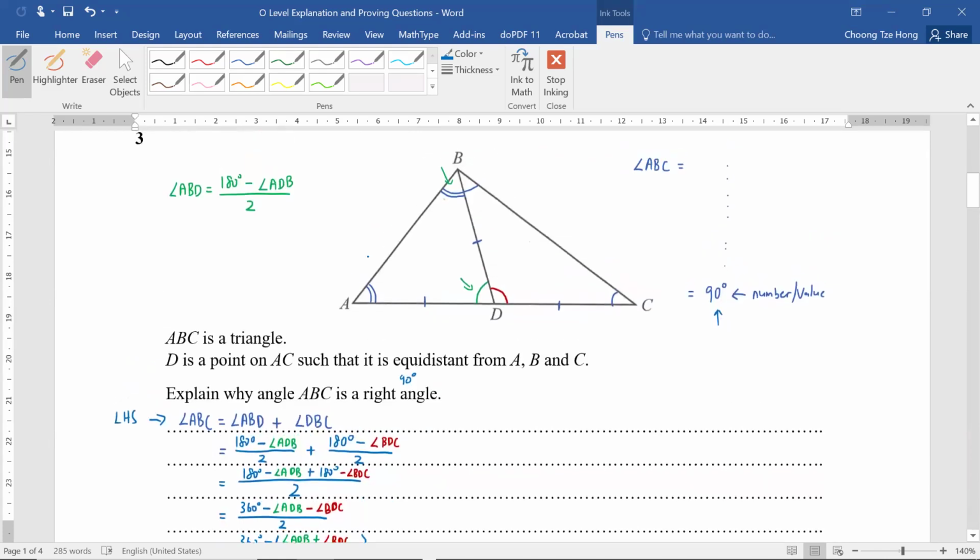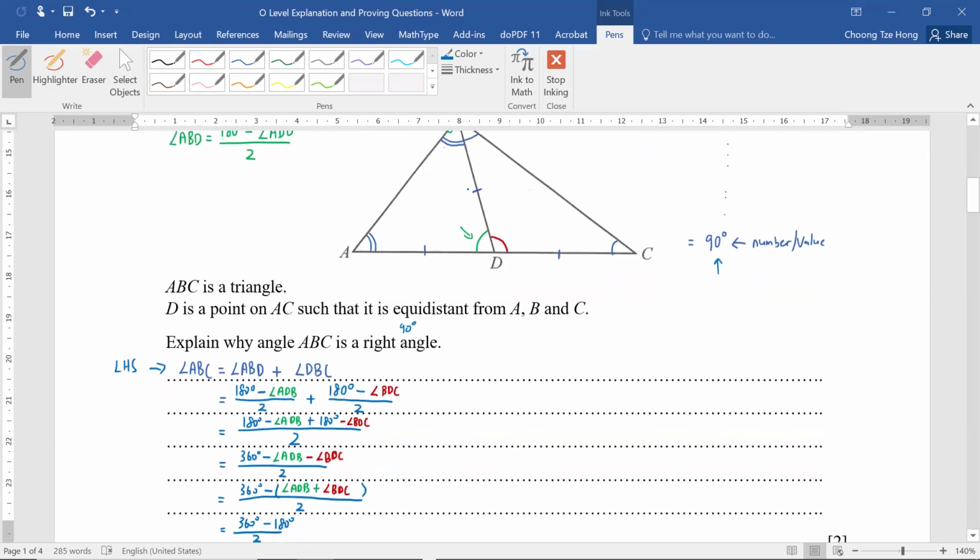Let me run through my thinking process for the question. We start off with angle ABC. There's nothing else to be done other than to break it up into the two smaller angles. Eventually I want a value, 90 degrees, on the right side, so for the second step I need to think of a way to involve numbers.